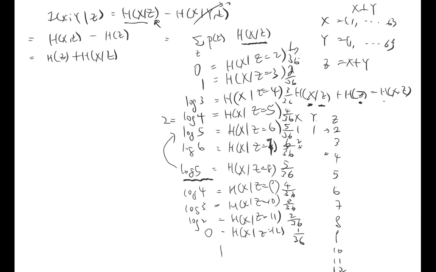So then the total H(X given Z) will be just the weighted sum of this. So it will be 1/36 times 0 plus, maybe I use a different one, 2/36 times 1 plus 3/36 times log 3, and so on and so forth. And then the final value, I'm not 100% sure what the final value is, honestly. Let's see.